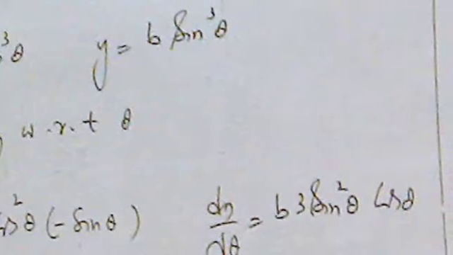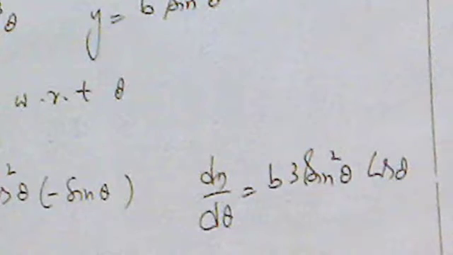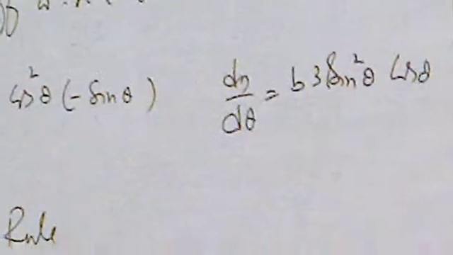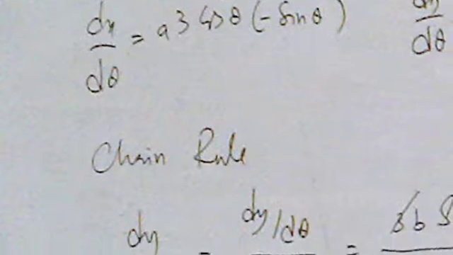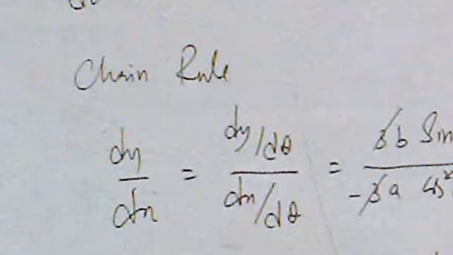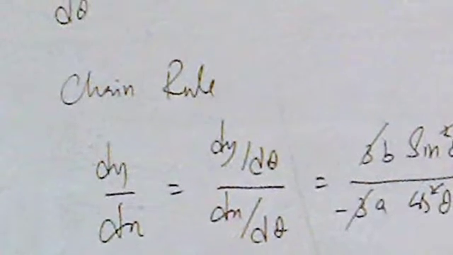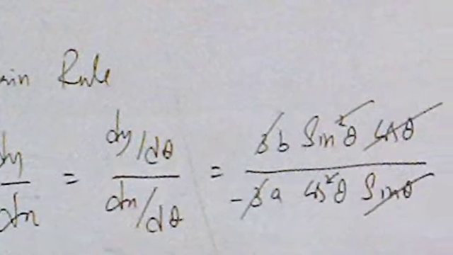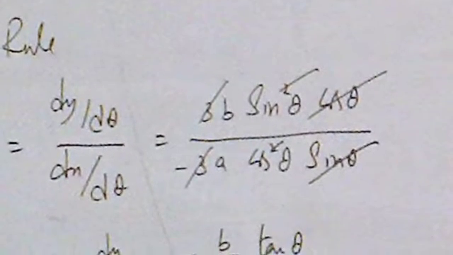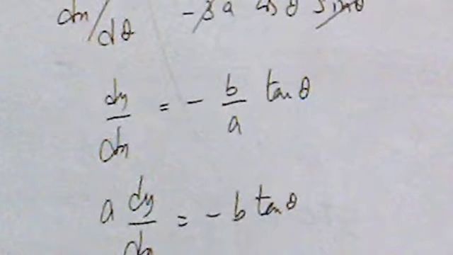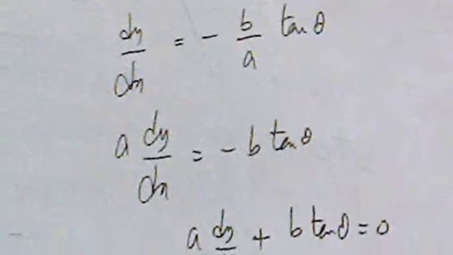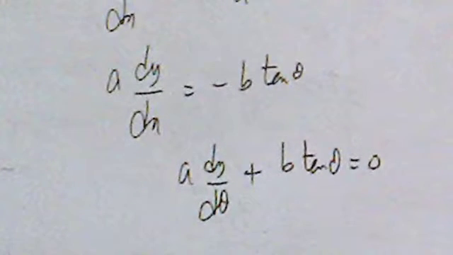For sin cube, 3 sin square theta, and the derivative of sin is cos theta. Now we apply the chain rule for dy by dx, put these values in and cancel, and this is your answer. We move a to the left hand side and this is your answer.